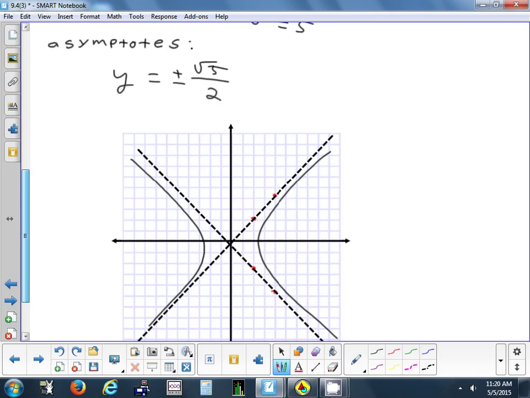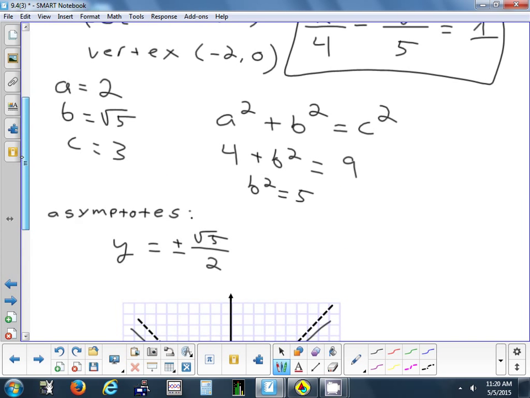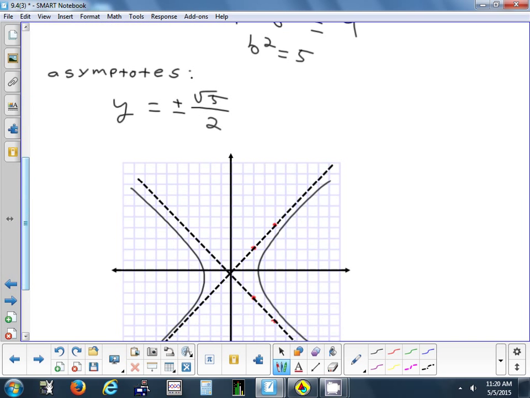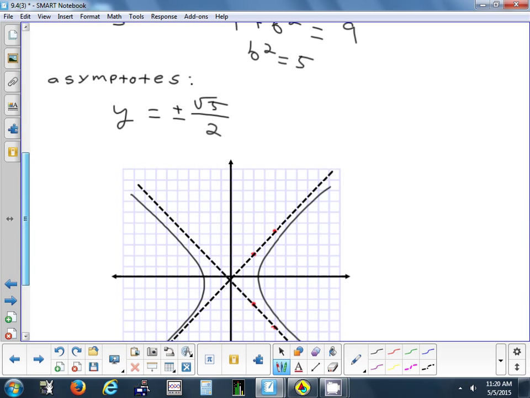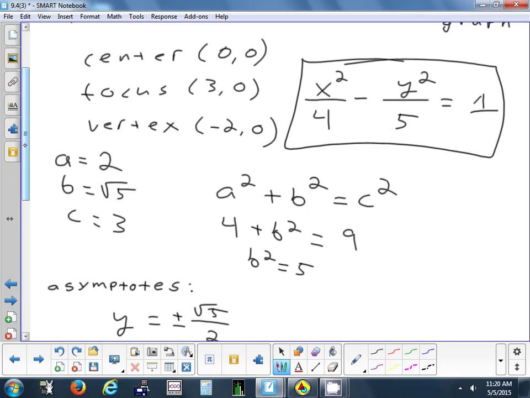So somebody earlier had asked, does B have anything to do with the hyperbola visually? Well, let's see what these x-intercepts are. If you let y equal 0 in that fraction, you'd have x squared over 4, and this whole part would just disappear, equals 1.